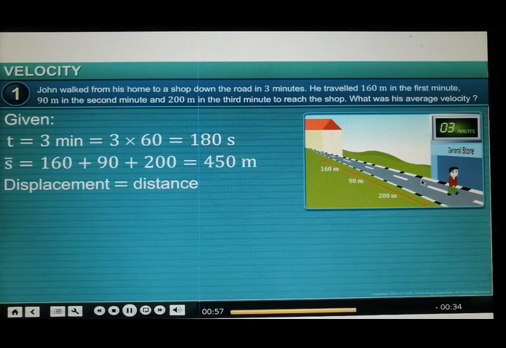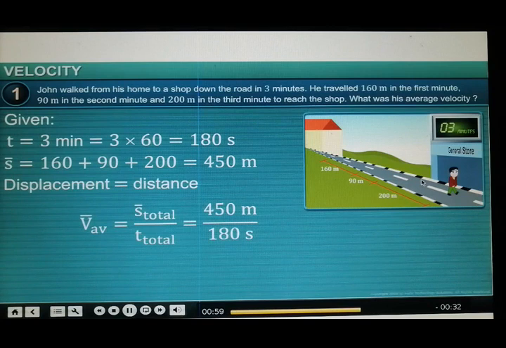To calculate John's displacement or change in position, you need to analyze the direction of his movement. Since John walked on a straight road, his displacement is equal to the distance he covered. Substituting values in the formula, you get the average velocity, which is equal to 2.5 meters per second. Therefore, John's average velocity is 2.5 meters per second.